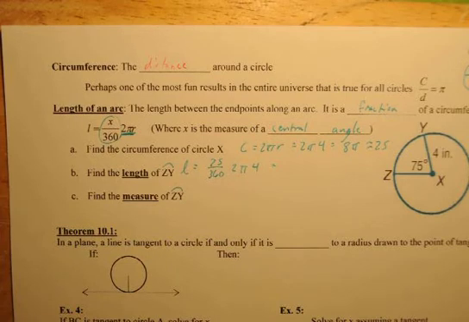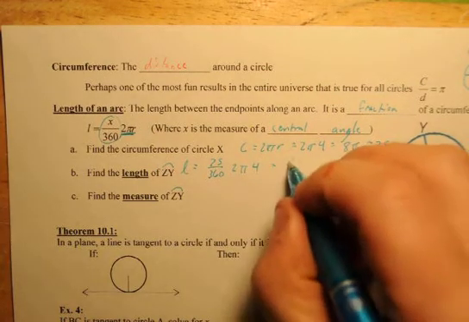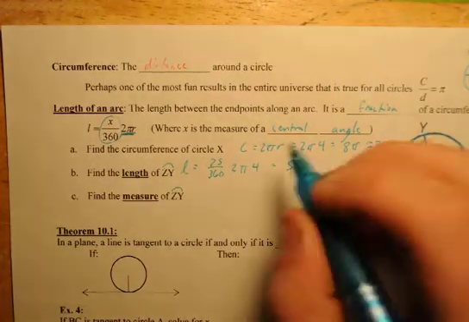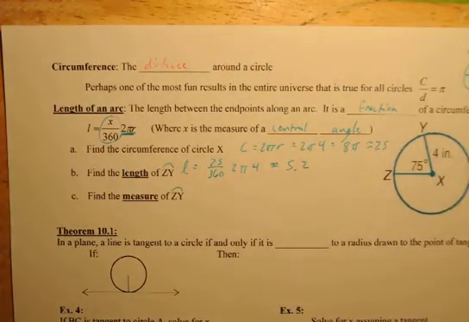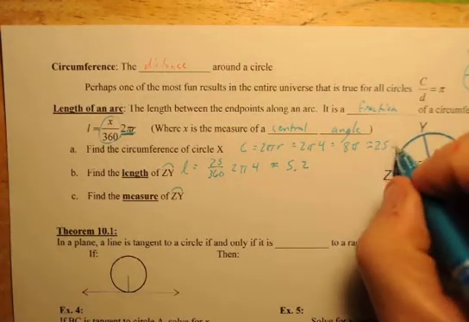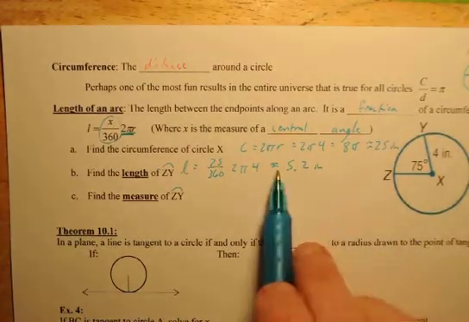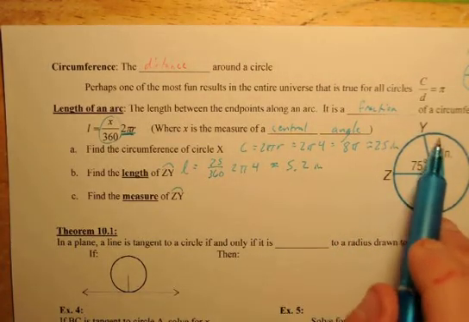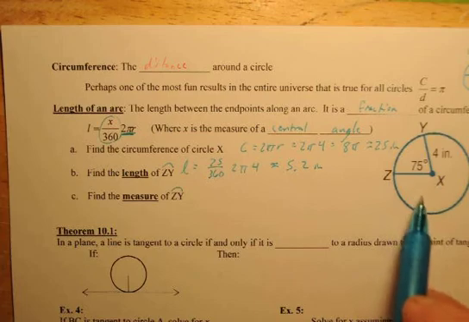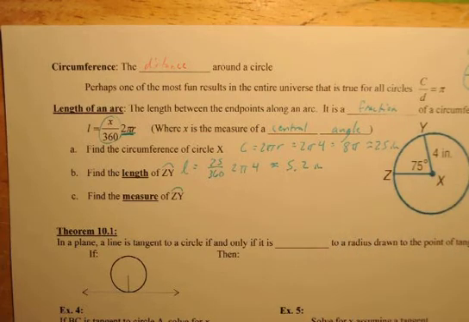I'm just going to plug that into my calculator now. About 5.2 roughly. And that makes sense because it looks like it's about 1/5 of the way. It looks like 5 of these would get you around the circle.